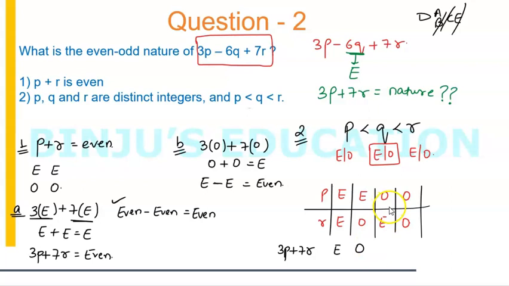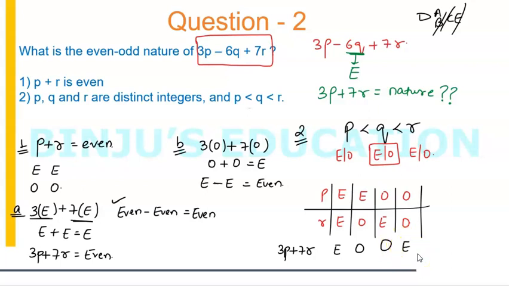Third case, P is odd, so 3 into odd is odd, and R is even, so 7 into even is even. Odd plus even is also odd. Last, P is odd and R is also odd: 3 into odd is odd and 7 into odd is odd, and odd plus odd is even.